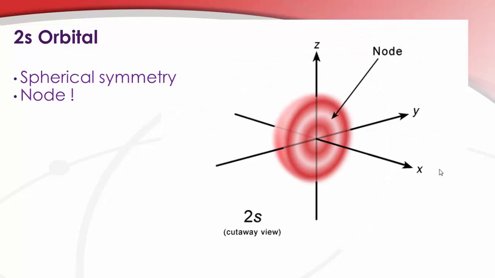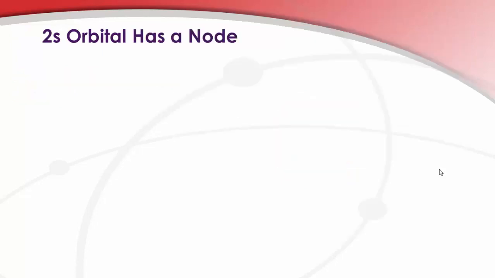So this is a cutaway from the three-dimensional shape of the 2s orbital. And we can see that there are regions of low probability for that electron, but also regions of high probability, and these are arranged spherically around the nucleus.